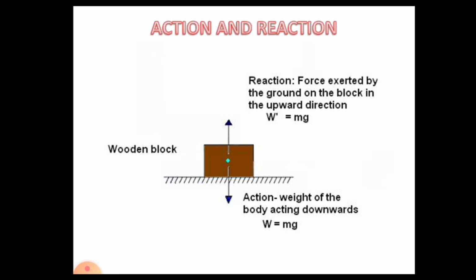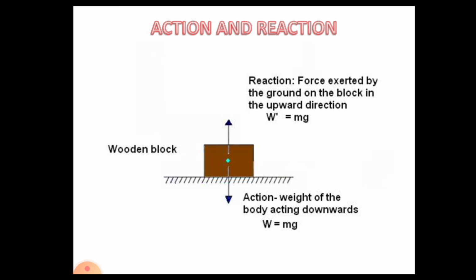Let us take an example. When we place a wooden block on the ground, this block exerts a force equal to its weight. What is weight? Weight is equal to mass times gravity, that is mg, acting downward on the ground. So this block exerts a force downward on the ground.